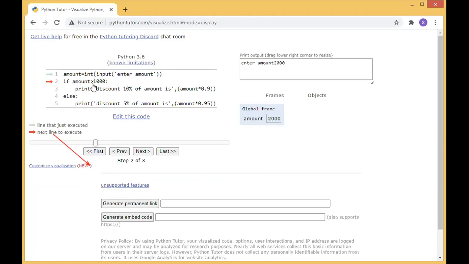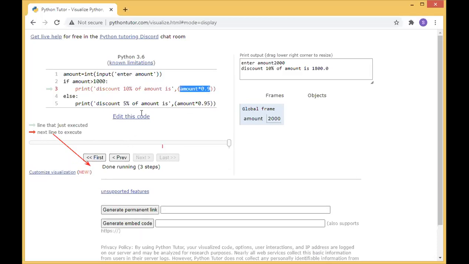Anyway, the amount is greater than 1000, so it will satisfy and print the true part, that is the if part. You see here that the if will be executed and it will show the result: discount 10%, amount is 1800. Understood? This is the simplest formula.